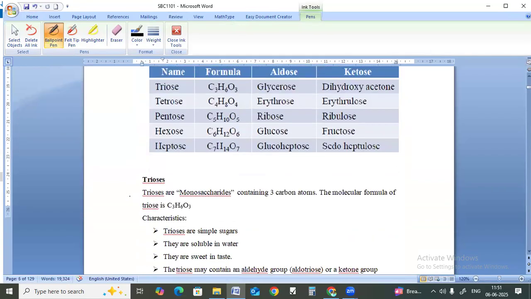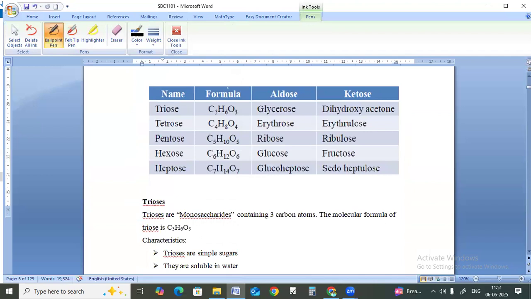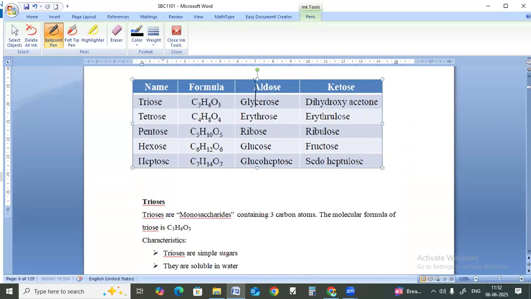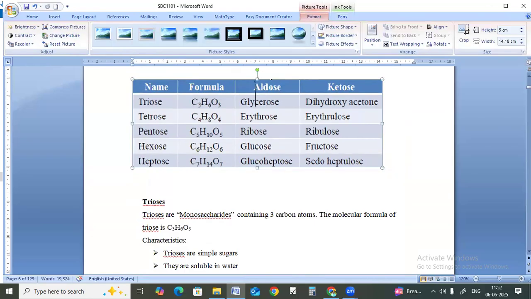These are some of the carbon containing compounds, containing 3 carbon atoms, 4, 5, 6, and 7 carbon atoms, which can be named in terms of the functional group. The aldotriose is glyceraldehyde, and the ketotriose is dihydroxyacetone.